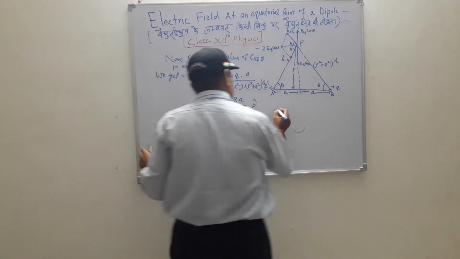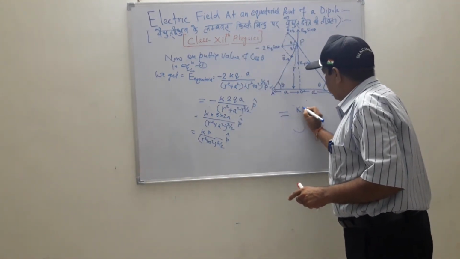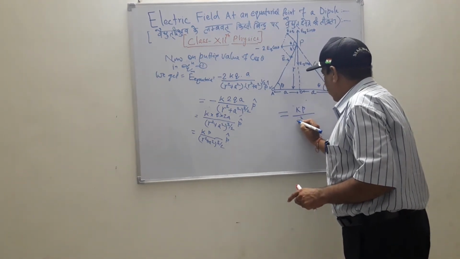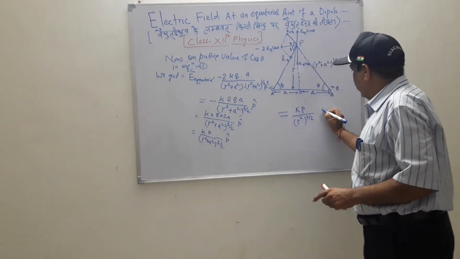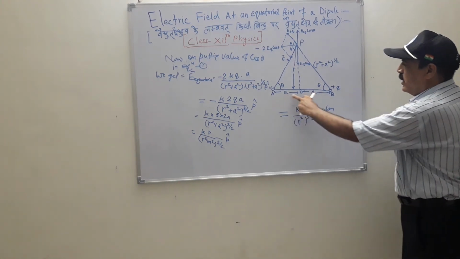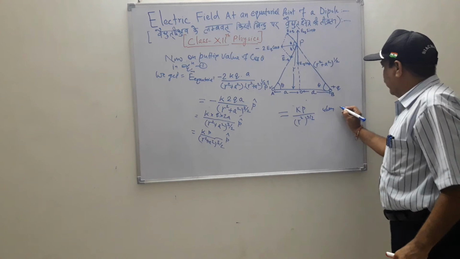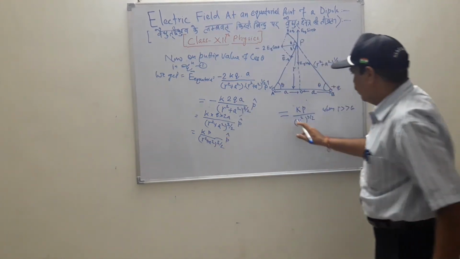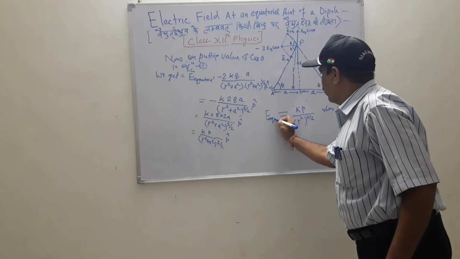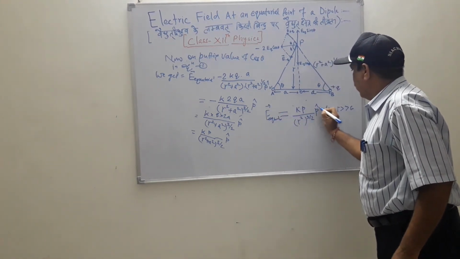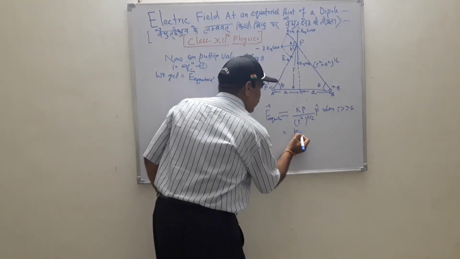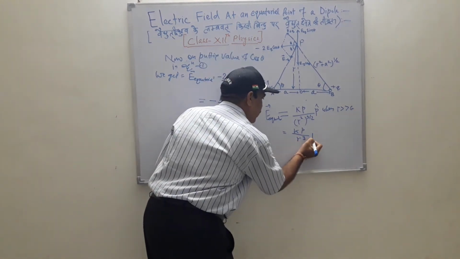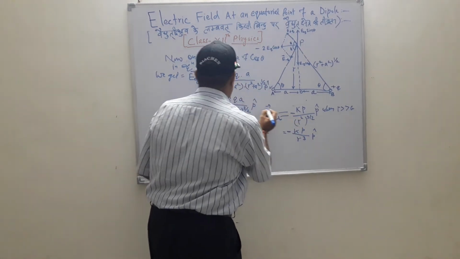This will be written as Kp upon r square plus a square whole power 3/2. As the distance a, or 2a, is very small with respect to r, when r is very much greater than a, then a can be neglected, and E equatorial will be equal to Kp upon r to the power 3, negative.